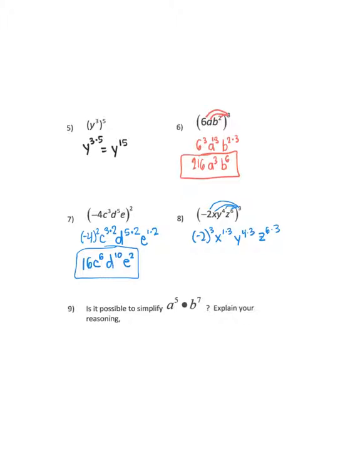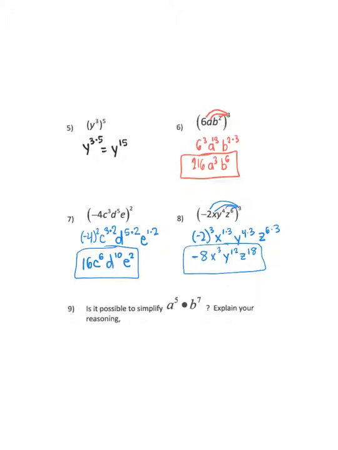When I cube a negative number, remember that cube, it's an odd number, so that means I'm going to have a negative answer. 2 times 2 is 4, times 2 again is 8, so I'm going to get a negative 8. Then I get 1 times 3 is 3, 4 times 3 is 12, and 6 times 3 is 18. This is my simplified answer.